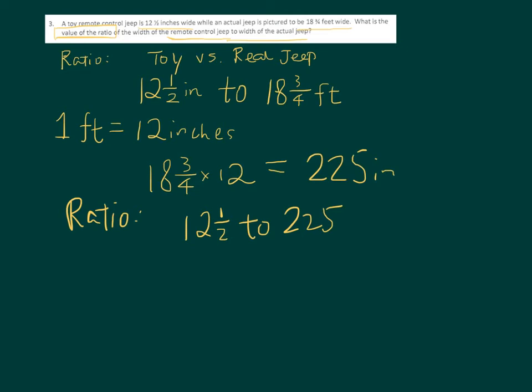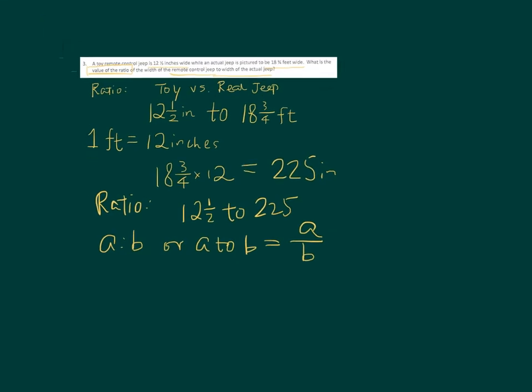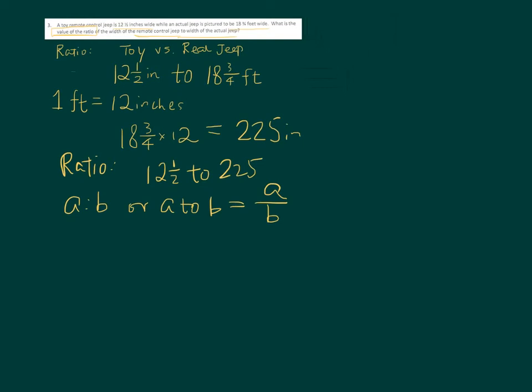And now, if you still remember, you can rewrite a ratio as a fraction, because if you have a to b, that is the same as a over b. This is all 6th grade, 5th grade stuff. You should remember. If not, now you know. Okay, so let me shrink this.